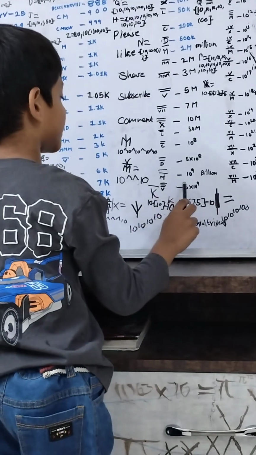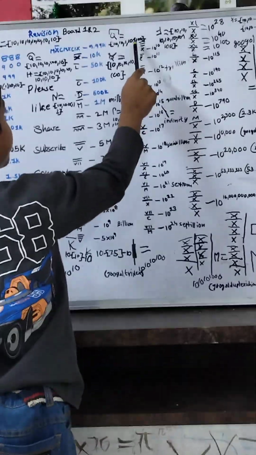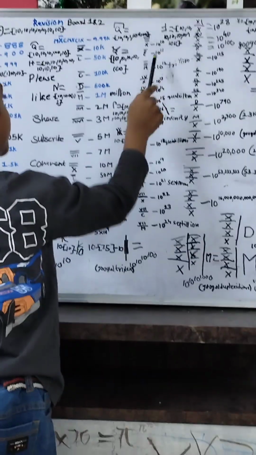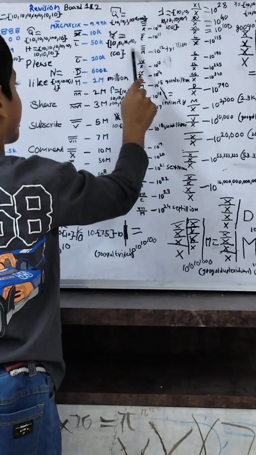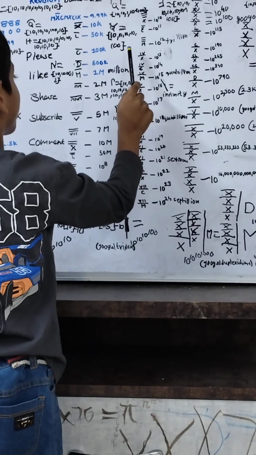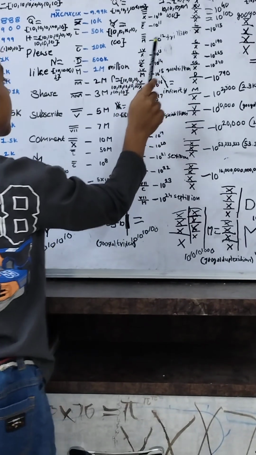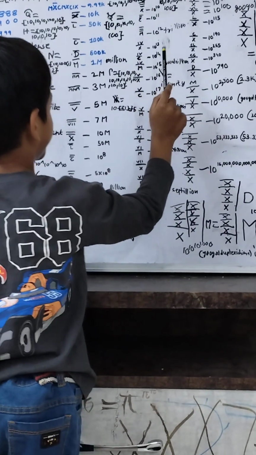V with 3 overlines is 5 times 10 to the power of 9. X with 3 overlines is 10 to the power of 10. C with 3 overlines is 10 to the power of 11. M with 3 overlines is 10 to the power of 12. X followed by 4 overlines is 10 to the power of 13. C followed by 4 overlines is 10 to the power of 14.